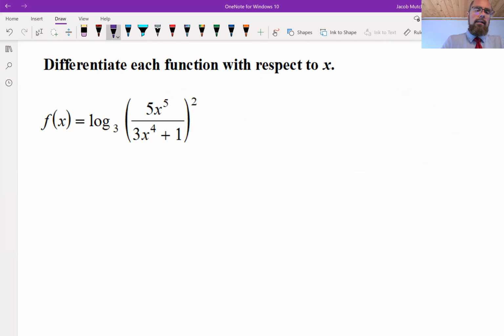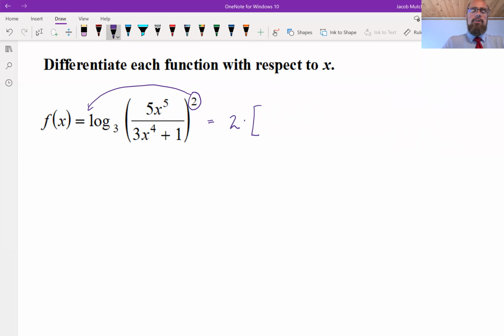But before I can take the derivative, I need to unpack this kind of enormous argument. So recall from our logarithm rules that I can bring this power out as a coefficient first. So I'm just going to start rewriting this logarithm. It's going to be 2 times the logarithm.